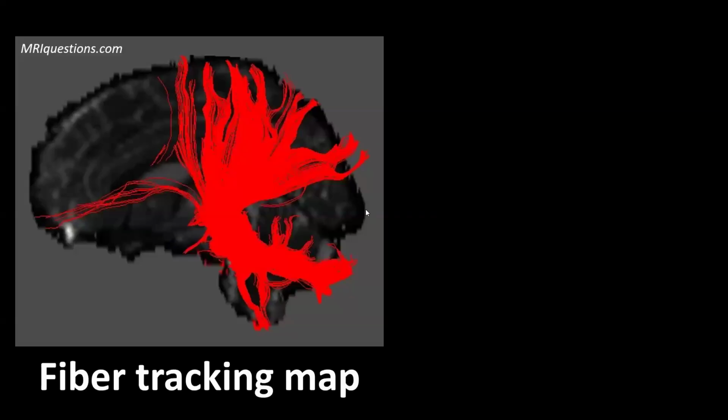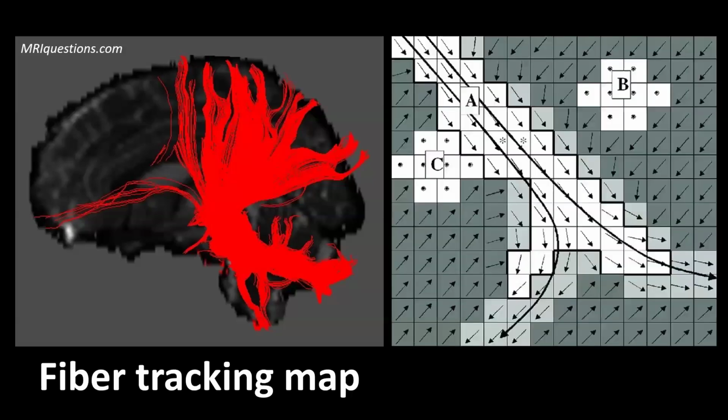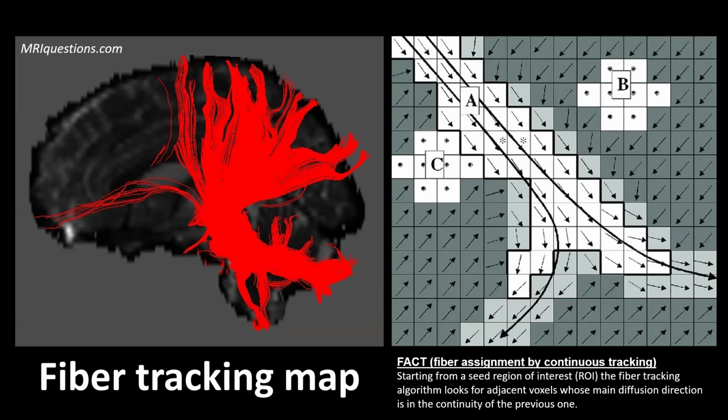So there's a technique, the fiber tracking technique, that allows us to make some kind of estimate of the course of white matter bundles. It's a mathematical technique. We start at a certain region of interest, and then the algorithm looks for adjacent voxels whose main diffusion direction is in continuity with the previous one.